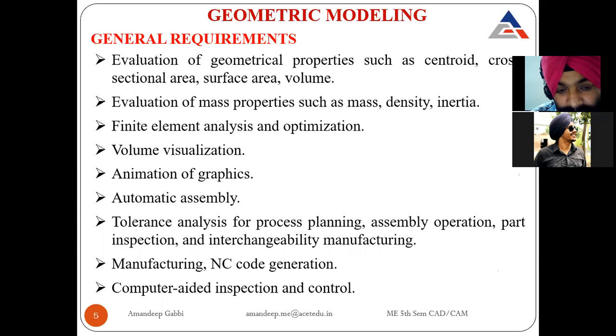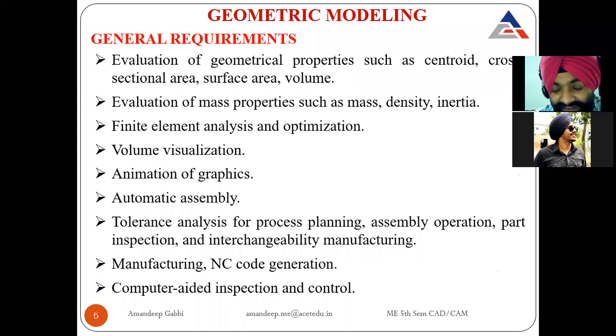Finite element analysis and optimization. Finite element analysis (FEA) is again subdividing that particular part that you are going to manufacture. The CAD software should be capable of FEA analysis, and if the part is prone to some strain or defect, you need to optimize it.